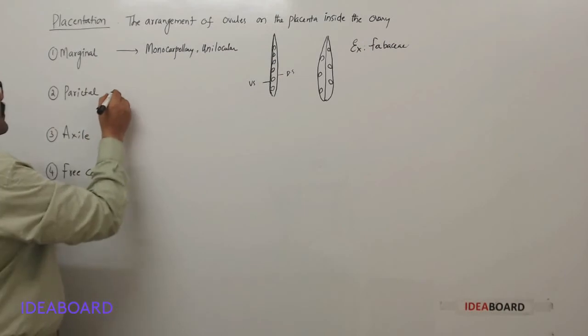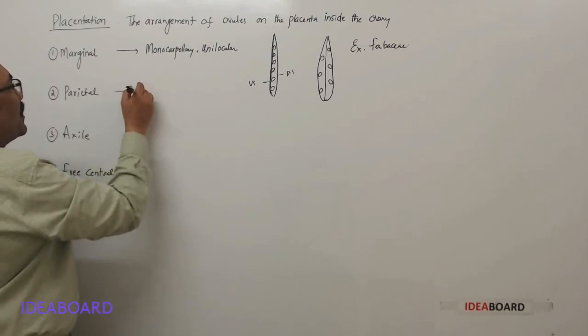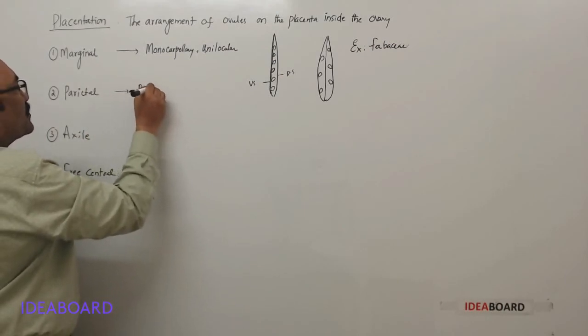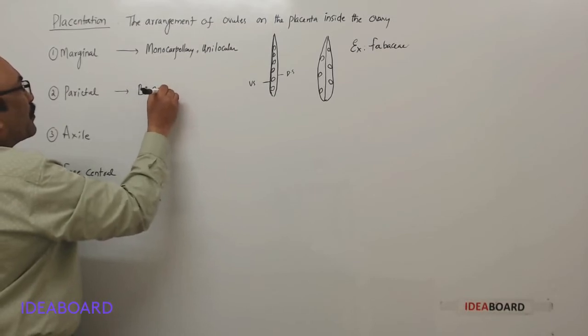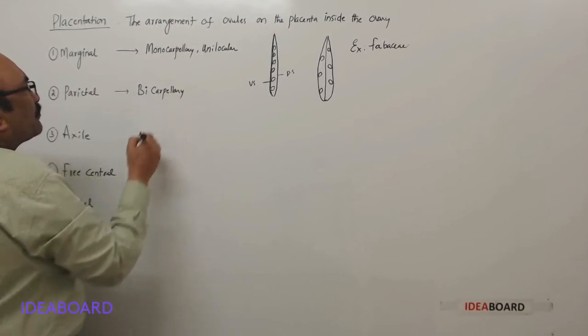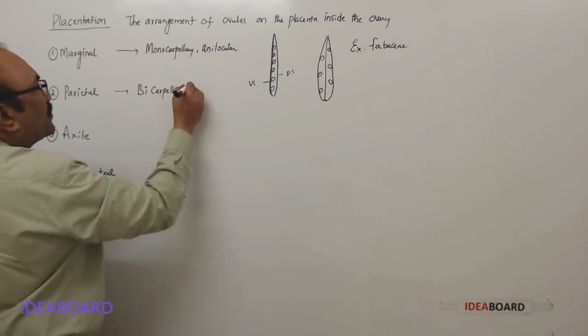And now let us see the parietal placentation. This parietal placentation may be seen among the gynoecium with 2 carpels, bicarpellary gynoecium.